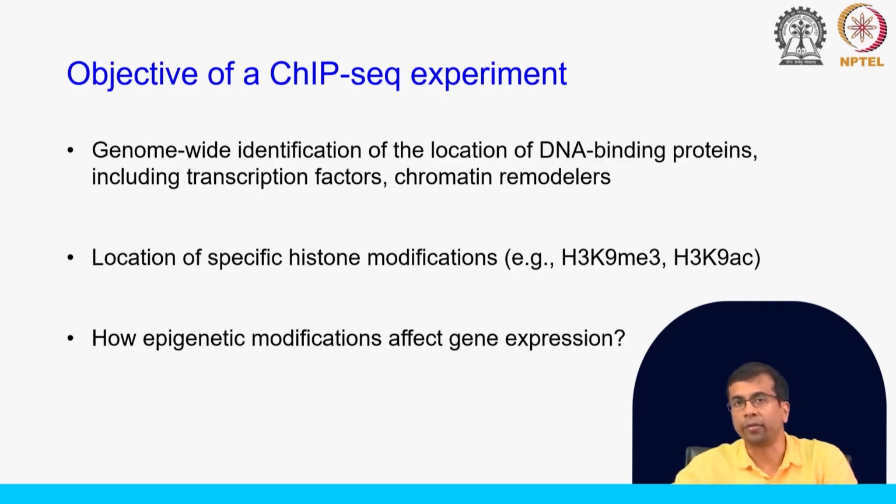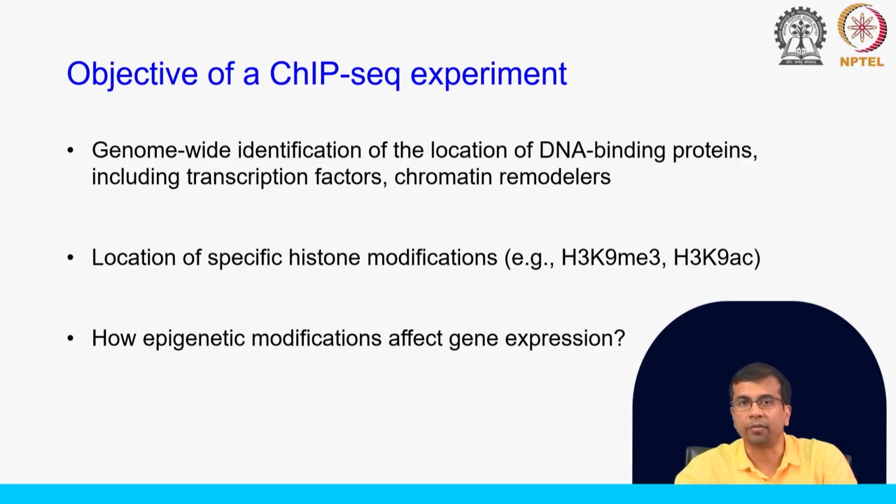Some examples of histone modifications are H3K9me3 or H3K9ac, and there are many such modifications that can be studied. With ChIP-seq we can identify the locations of these modifications, or of these transcription factors or chromatin remodelers, in the genome.